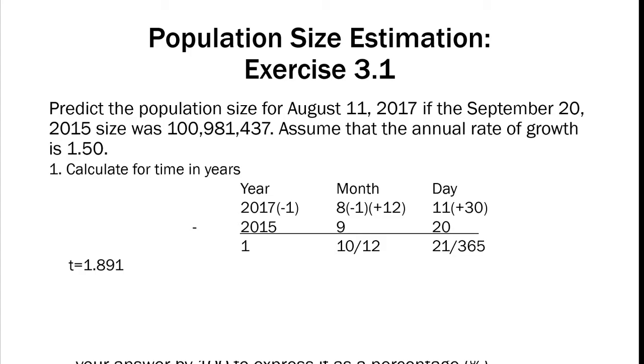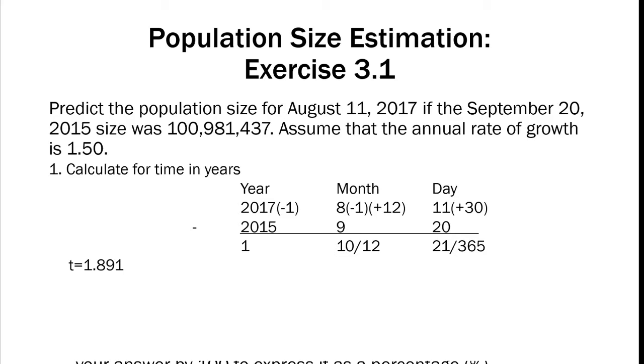Okay, we are to predict still August 11, 2017 population if the September 20, 2015 size was 100,981,437, and then we still assume an annual rate of growth of 1.50. If you'd be thinking about it, this problem has the same set of givens from the previous ones.